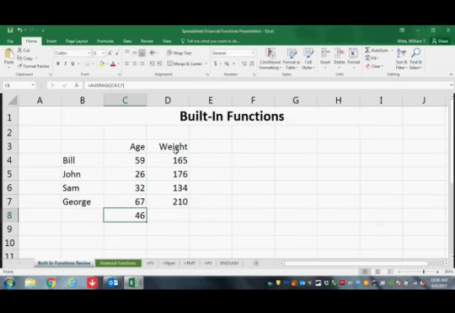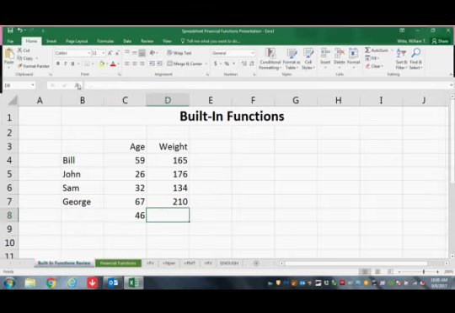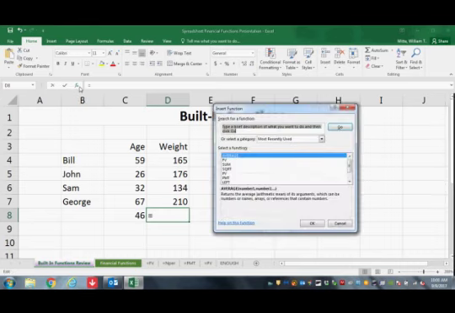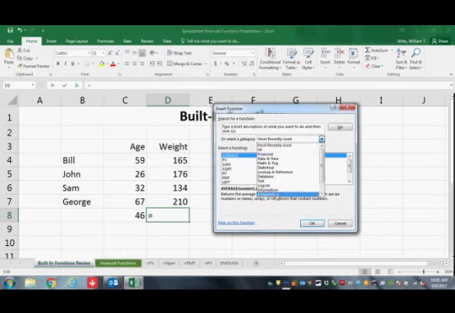Let's do that one more time and get the average weight of these guys. So I'll click here, go to the function wizard, which is right here, and I'll pick average. Of course, I could pick any of many functions from any of many categories, which we'll come back to.